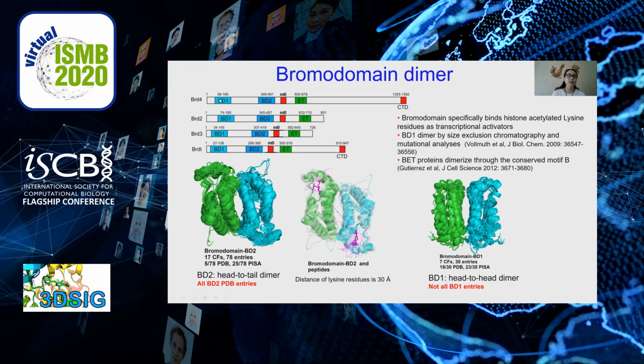Since BD1 can form a dimer in solution and the beta protein can dimerize through this motif, this greatly increases the concentration of BD2 in solution. So BD2 could form a dimer if such a dimer exists. So ProtCID provides a very strong candidate.